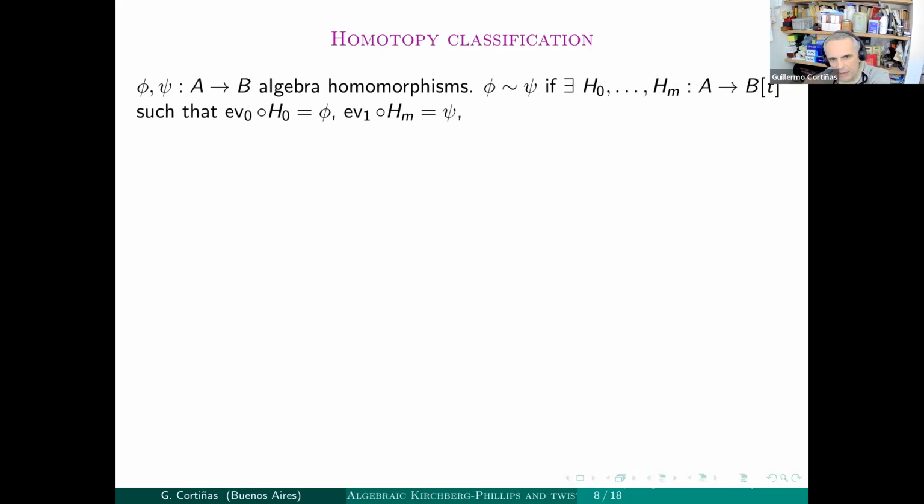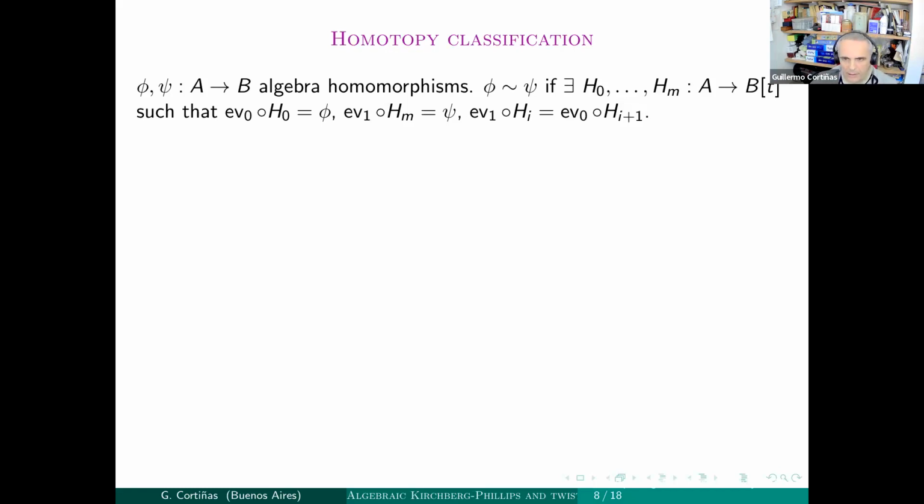When you evaluate at 1 the last homotopy, you get the last homomorphism. And in the middle, the evaluation at 1 on the ith homotopy is the same as the evaluation at 0 on the (i+1)th homotopy, right? So a homotopy is a homomorphism from A to B[t] that is a homotopy between evaluation at 0 composed with the homomorphism and evaluation at 1 composed with the same.